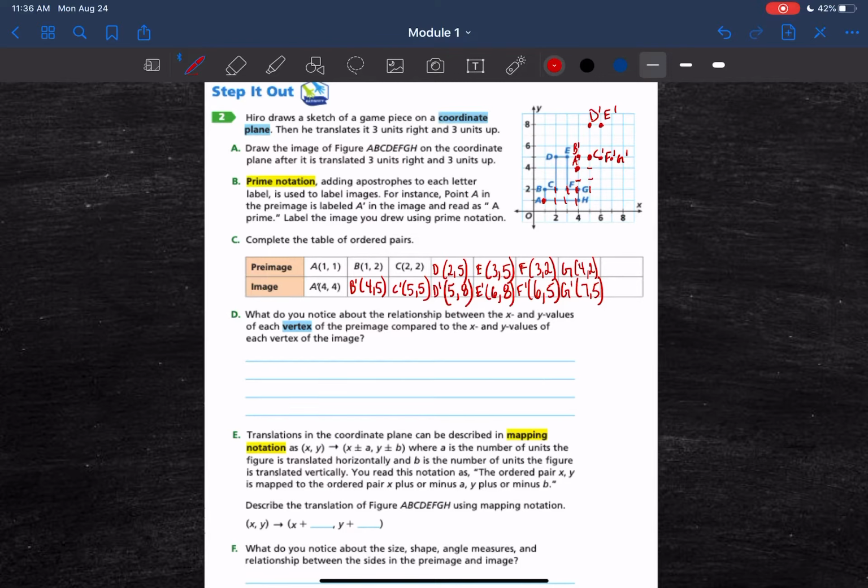And then lastly, we have to get H. H is at 4, 1. For H prime, we're going to add 3 to each of those. So that is going to be 7, 4. And 7, 4 is right there. That is H prime. We'll close in that figure.